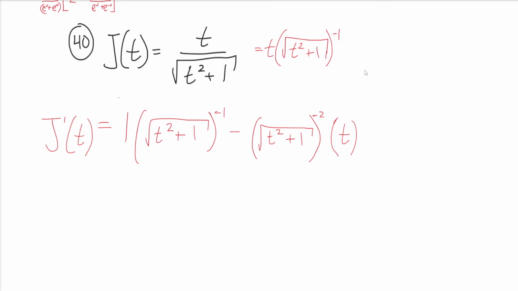Okay, so then we get minus t, sorry, we get derivative of the inside, which is a kind of strange way to represent this, but this is just showing that we can do it this way, right? We're going to bring the 1/2 down. We end up with t squared plus 1 to the -1/2, right? And then the derivative of that inside is 2t, and the derivative of the other inside is just 1, so we'll leave it.